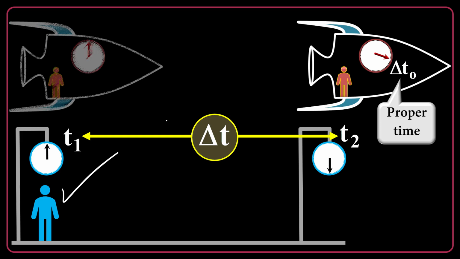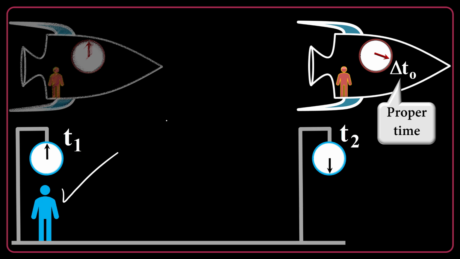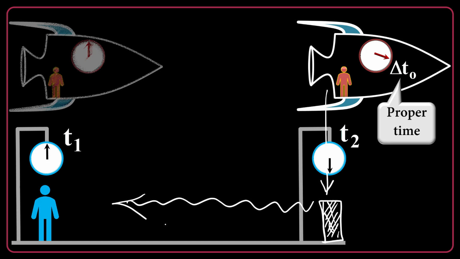Why can the ground observer not use a single clock? The reason is that when the spaceship reaches its destination, very optimistically, you can use a very sensitive sensor that can sense it passing by and then send a radio signal to this person, and this person will receive the message of arrival. But the question is, is it immediate? Can the radio signal immediately reach this person? Of course not.